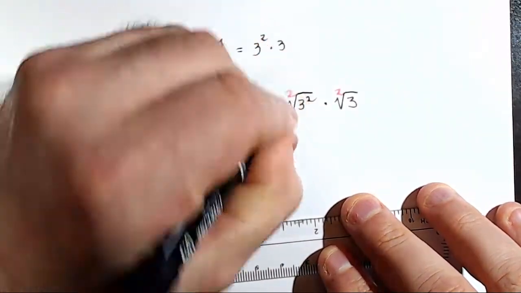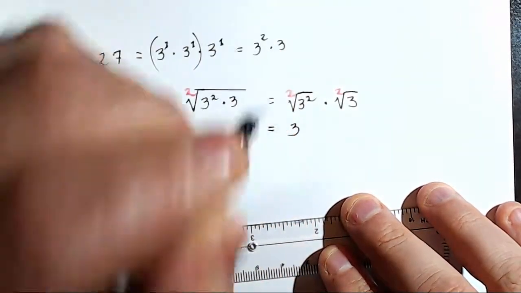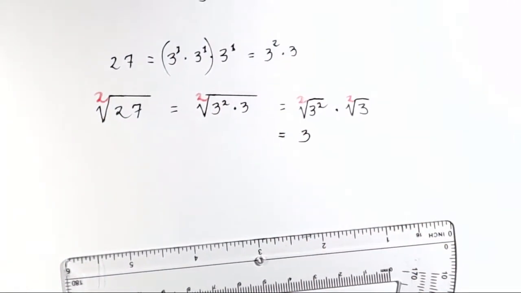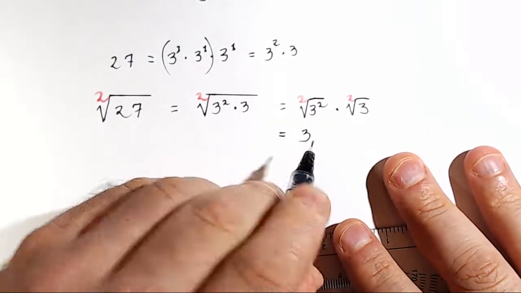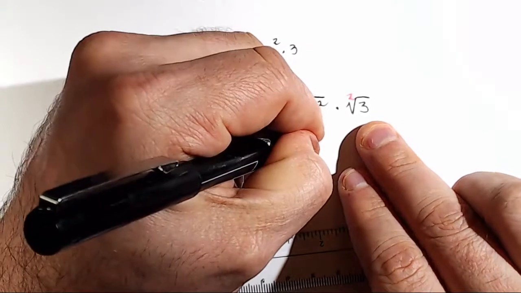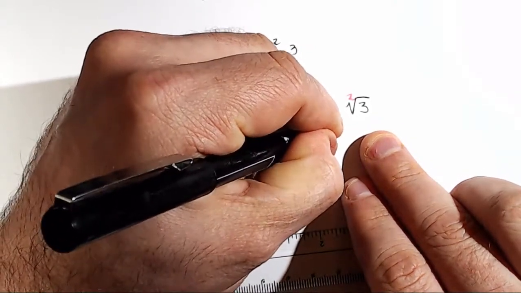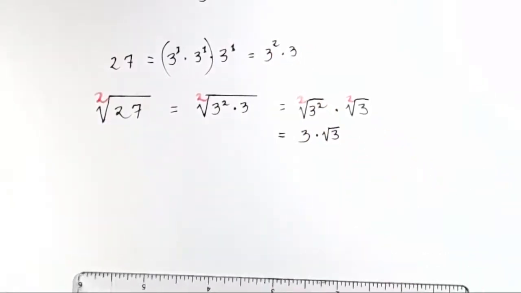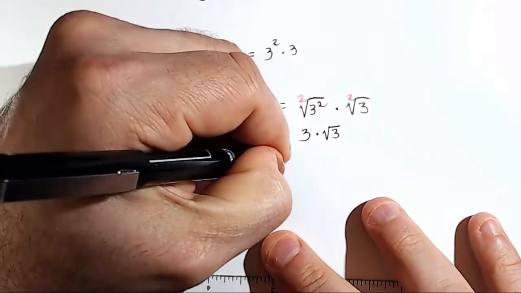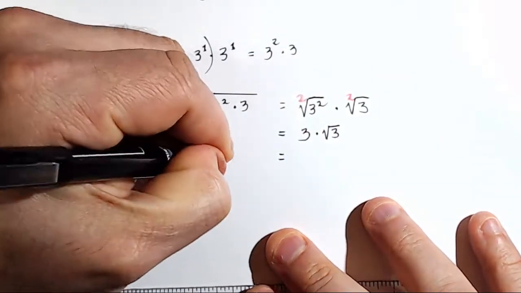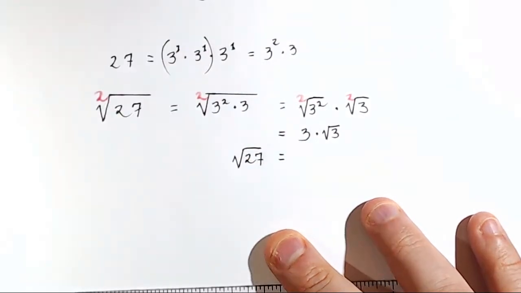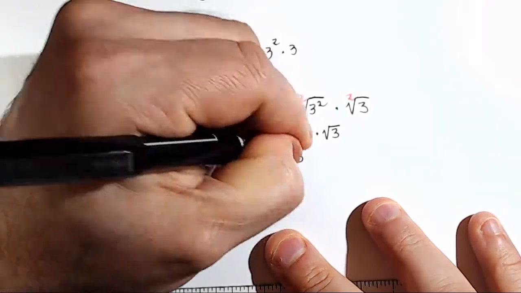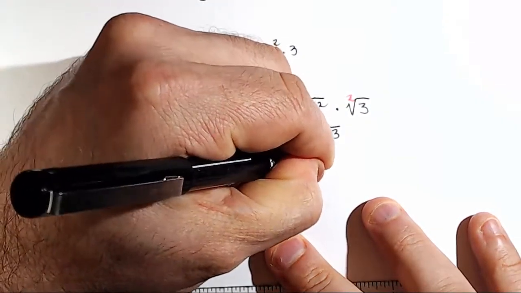So this becomes 3. And remember, we're only considering positive roots. We'll get into negative roots later. So we have 3, and then we bring this down, times the square root of 3. Just to finalize that, the square root of 27 can be simplified to 3 square root 3.